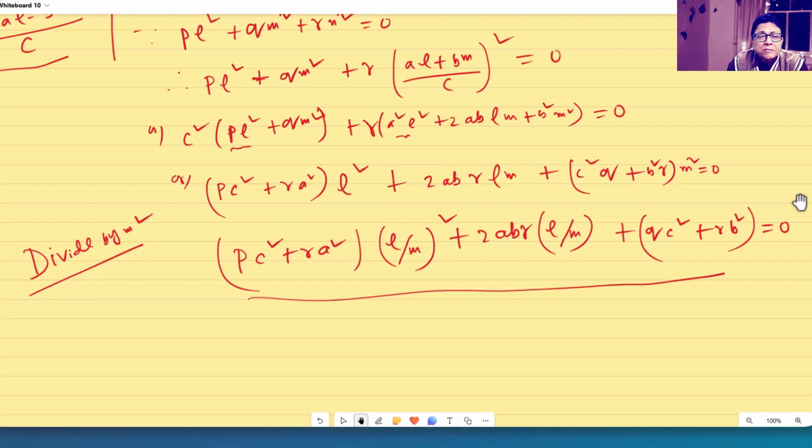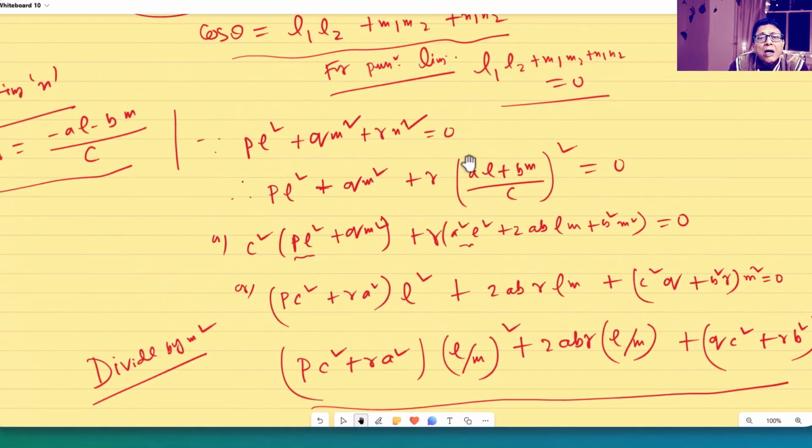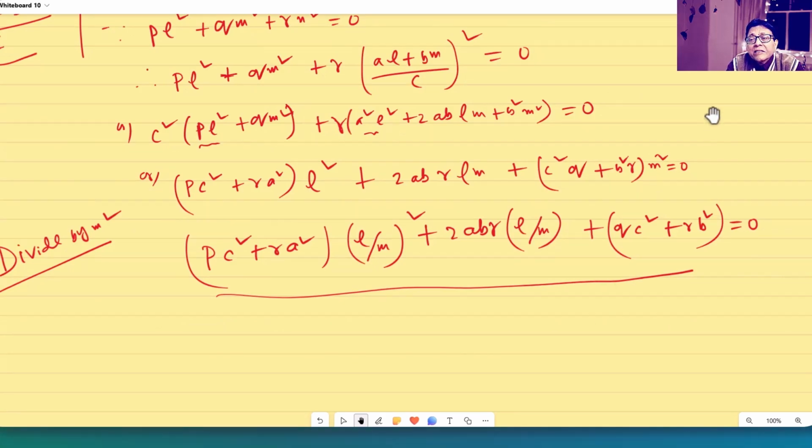Because I have to get L1 L2 plus M1 M2 plus N1 N2. And here, there is a chance of relating L1 by M1 and L2 by M2. How to? This is a quadratic equation in L by M. For this quadratic equation in L by M, it has two roots.